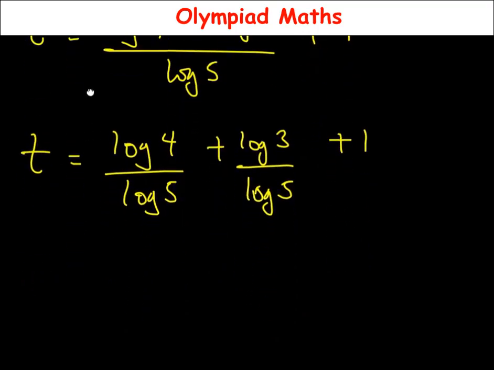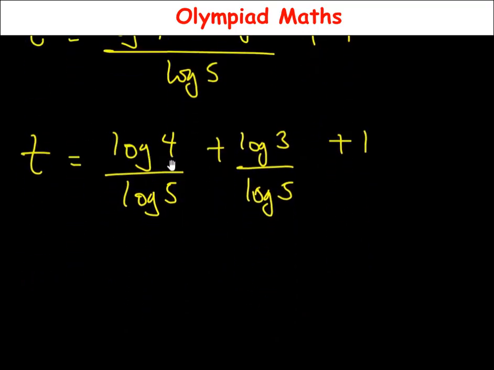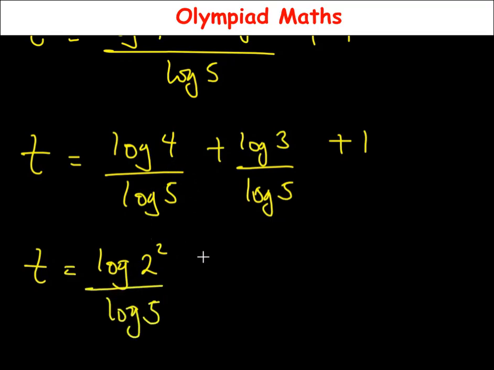And with this, we can express 4 as 2 times 2, which is 2 squared, such that from here, t is equal to logarithm of 2 squared, 2 squared is 4, then all over log 5 plus log 3 over log 5, then plus 1.